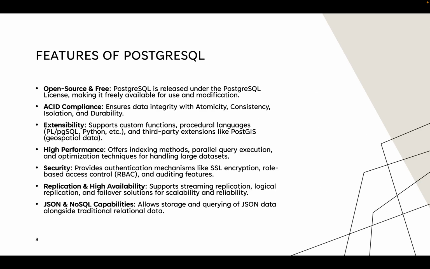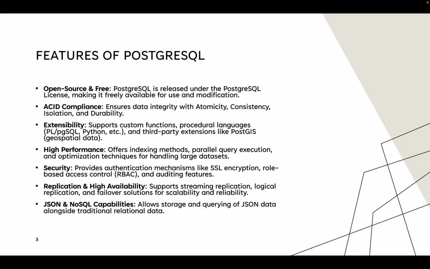Some features of PostgreSQL are that it's open source and free. It is released under a license, making it freely available for use and modification. Number 2, ACID compliance ensures data integrity with atomicity, consistency, isolation, and durability.